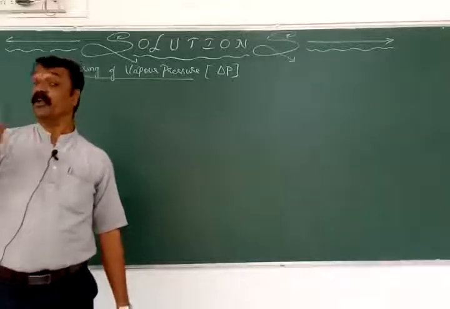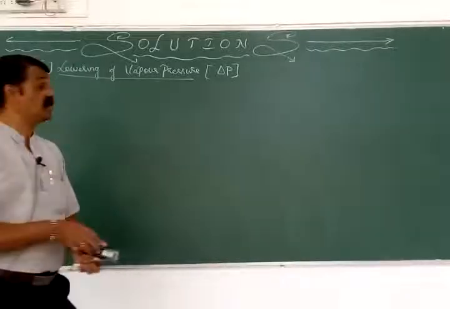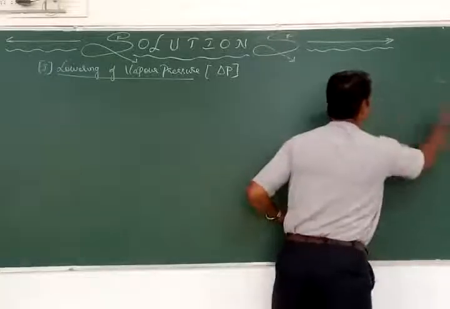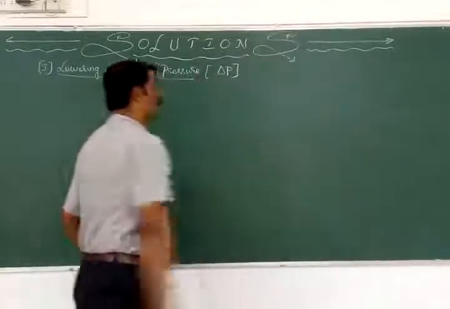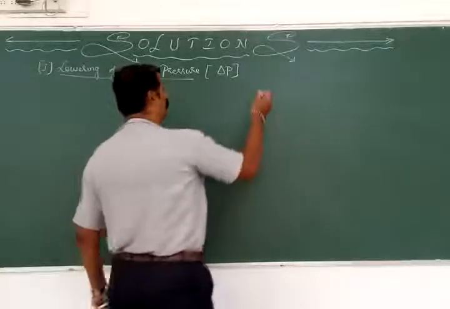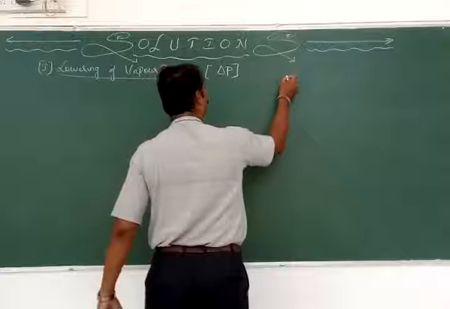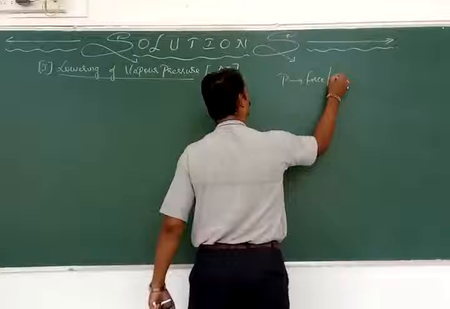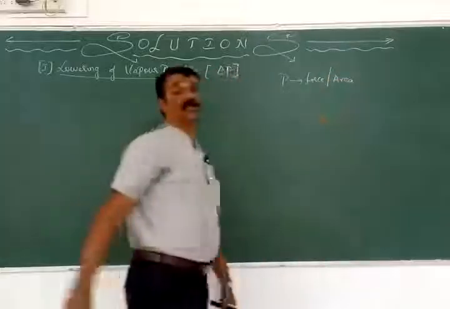Force acting per unit length is called surface tension, whereas the force acting per unit area refers to the pressure. Okay. So that is the definition of pressure.